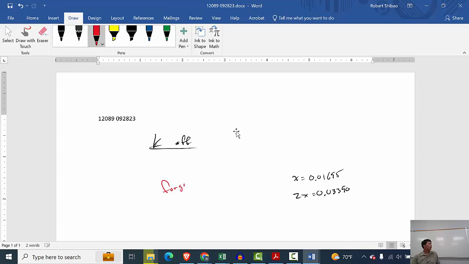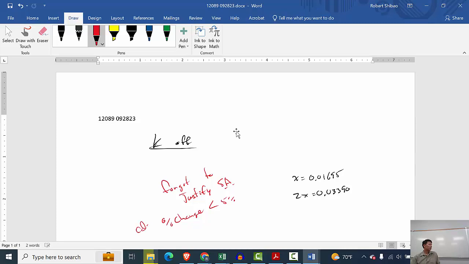K was off. I forgot to justify the SA. How do you justify the SA? The justification for the SA is that the percent change has to be less than 5%.